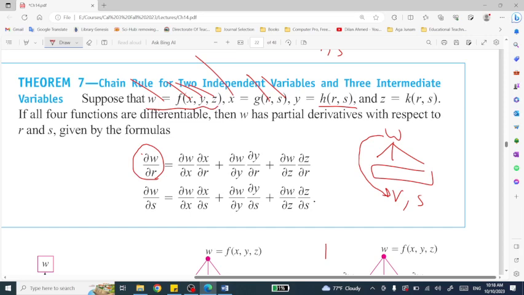So w depends on r and s, so I say partial w by r. Now, w contains 3 things: x, y, z. So I have a partial. And at the same time, x depends on 2 variables, r and s. So that's why instead of d, we change it to partial. This is the first part for r. This is the second part for s.